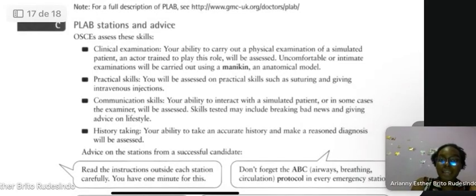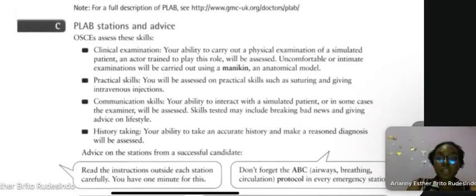PLAB stations and advice. Clinical examinations: your ability to carry out a physical examination of a simulated patient. An actor trained to play this role will be assessed. Uncomfortable or intimate examinations will be carried out using a mannequin and anatomical model.